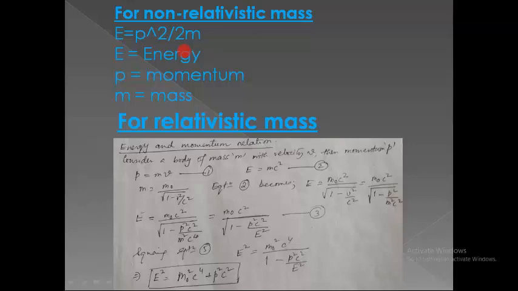And if you have a body moving with a velocity close to the velocity of light, then the energy and momentum are given by this formula. And the energy relation with mass is E is equal to mc square, which we discussed in the last slide. So these two pieces of physics are very important because we need this knowledge or concept to explain the Compton effect.